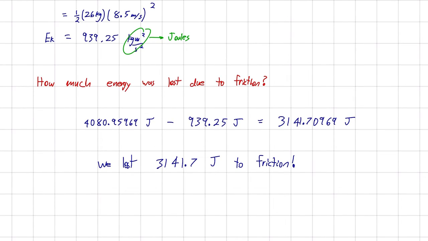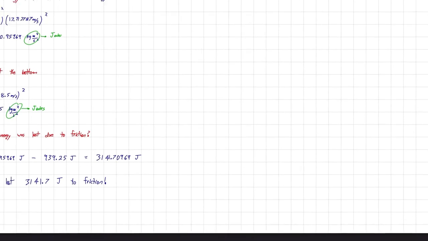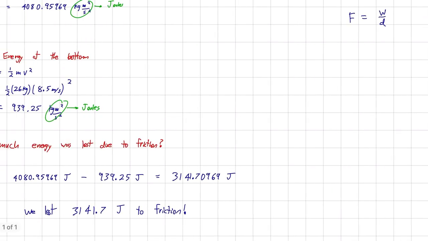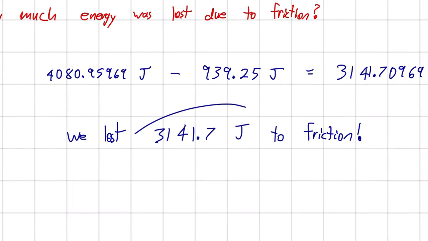And how can we go from an energy to a force? Well, we have this formula here that force is equal to work over distance. So we lost this much energy to friction, but over what distance?